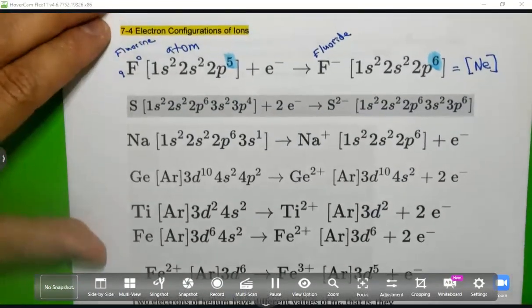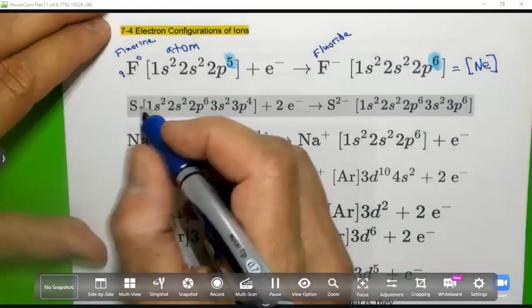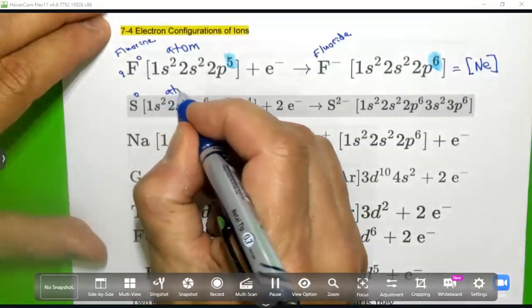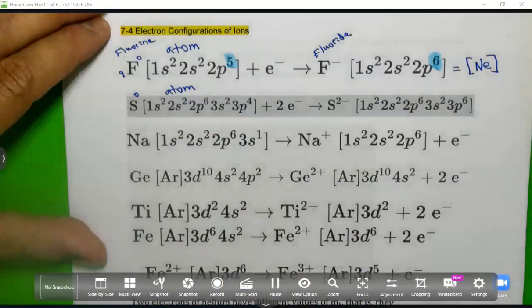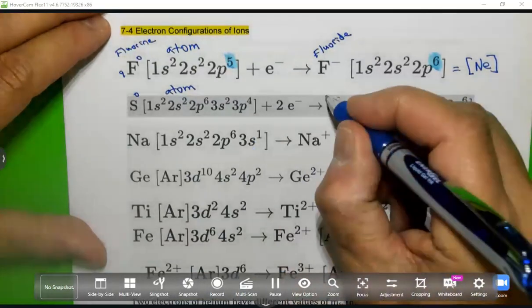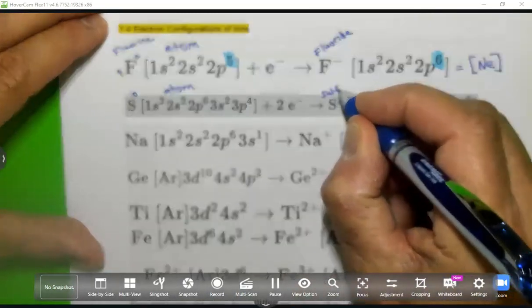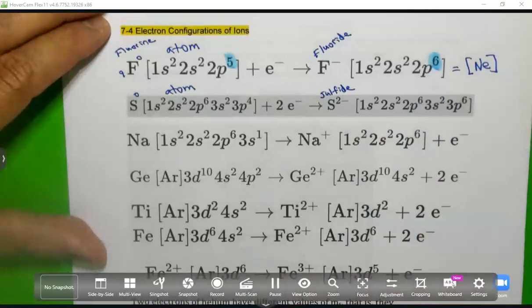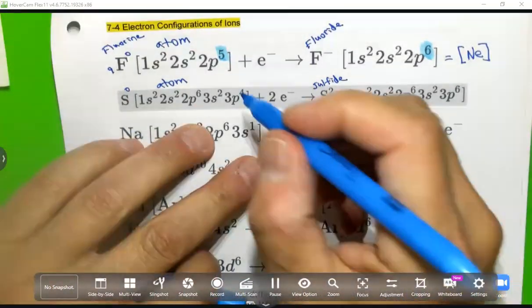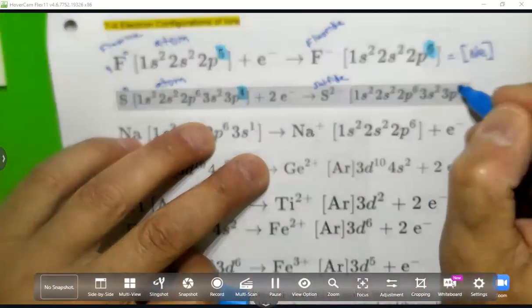This is an atom of sulfur. Again, it is a neutral atom. It ends in 3p4. It needs to end in 3p6 to be more stable. So to make the sulfide ion, it adds 2 electrons, right?